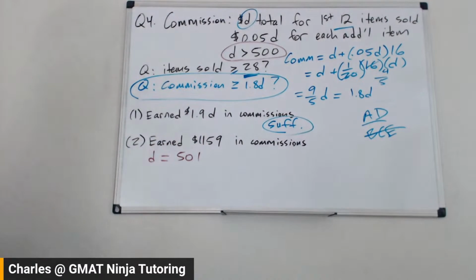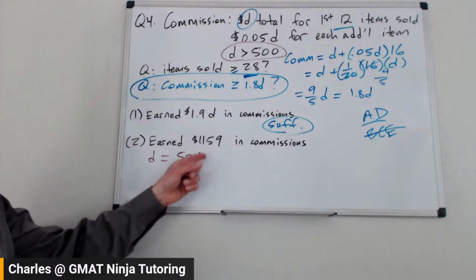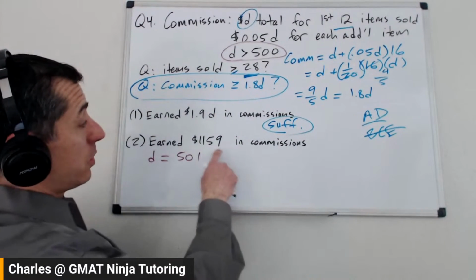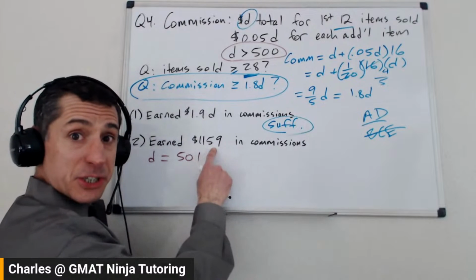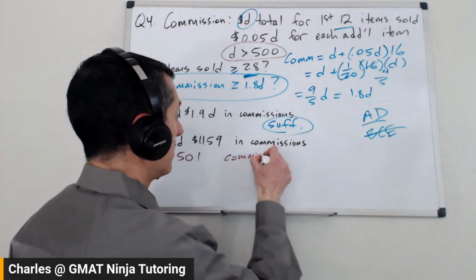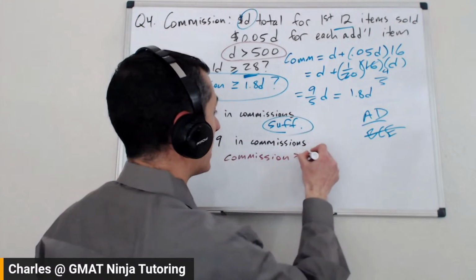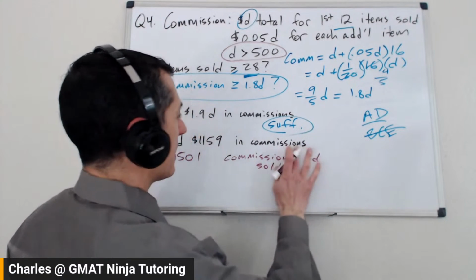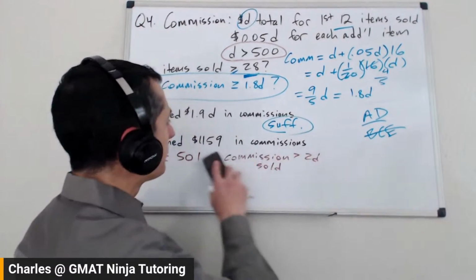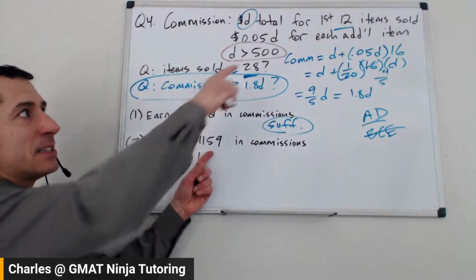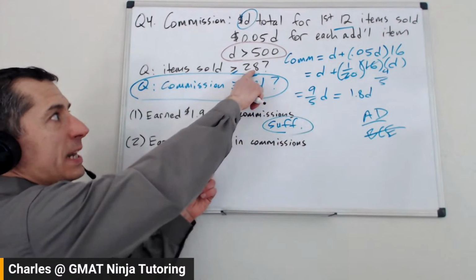Let's just suppose. If that's the case, then her sales must have been well over 28, right? So $1,159 in commissions means that her commission was greater than 2D. I'm sorry, that's not right. What I meant to say is, if D is 501 and she earned that much, it has to be the case that she sold quite a bit more than 28, right?